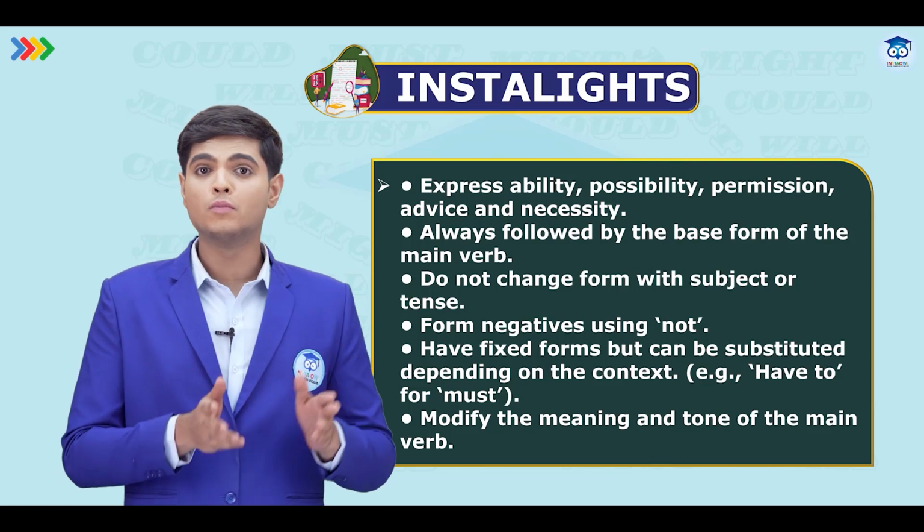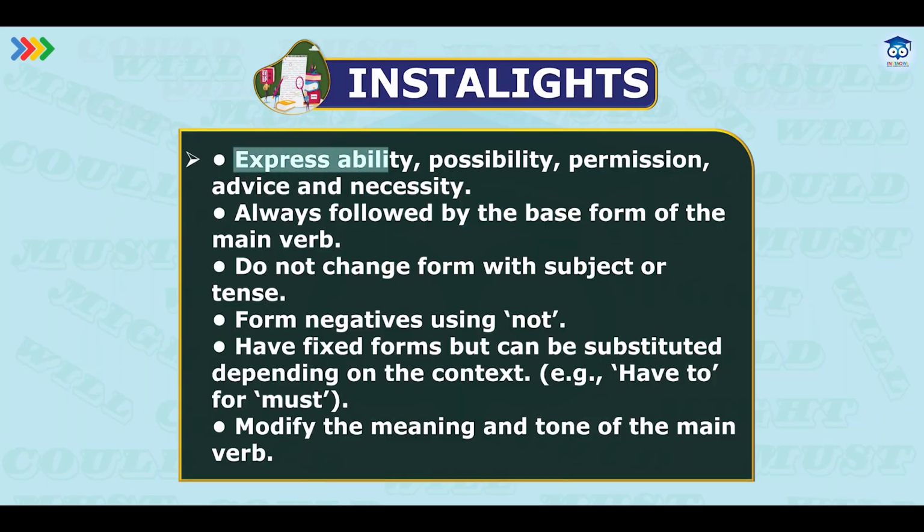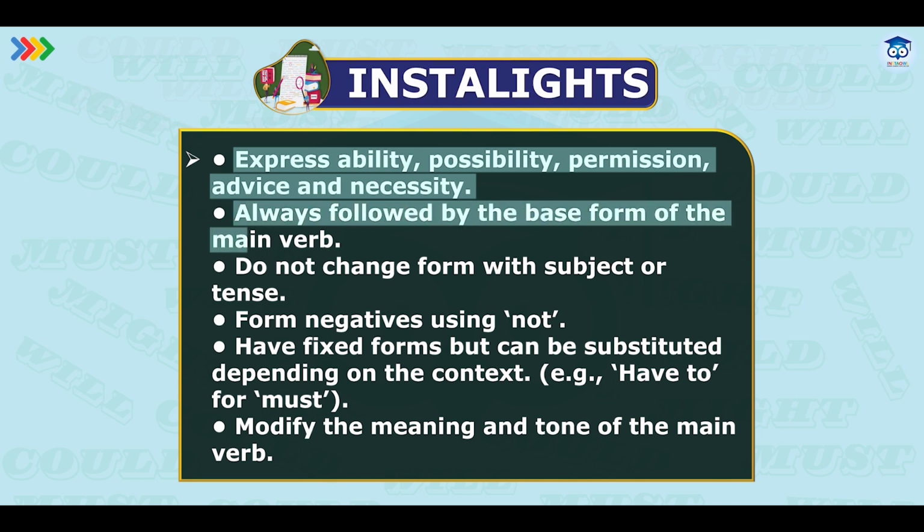We first saw how modal auxiliaries express ability, possibility, permission, advice and necessity. They shape the intent behind what we say. Then we learned that they are always followed by the base form of the main verb, no matter what the subject is. Unlike regular verbs, they do not change form with subject or tense, which keeps things simple.